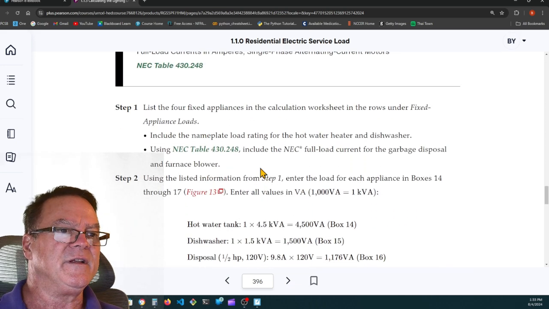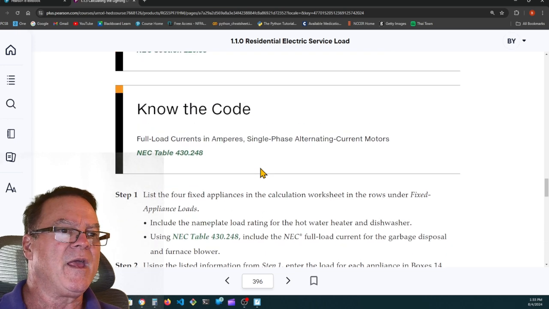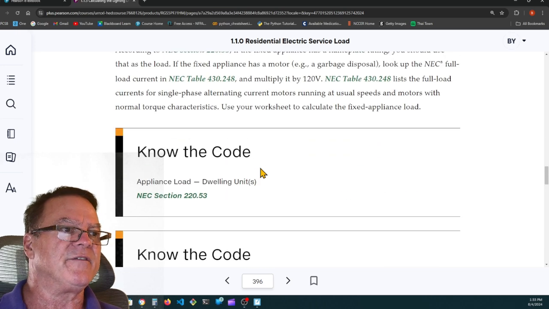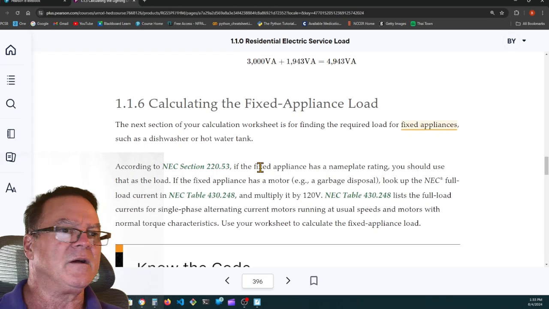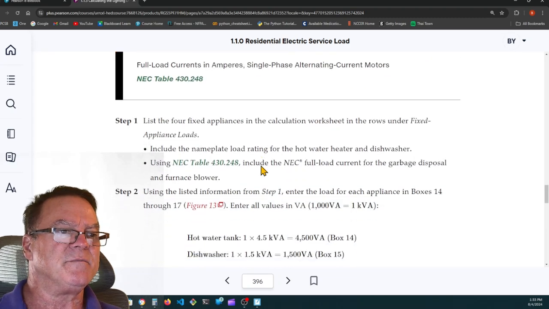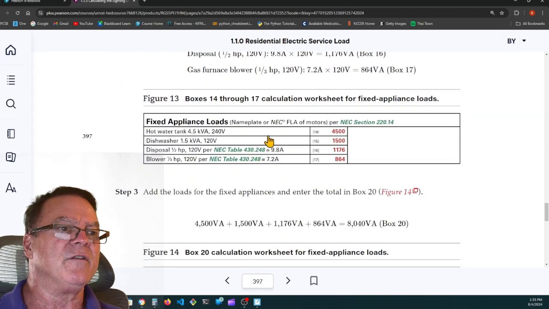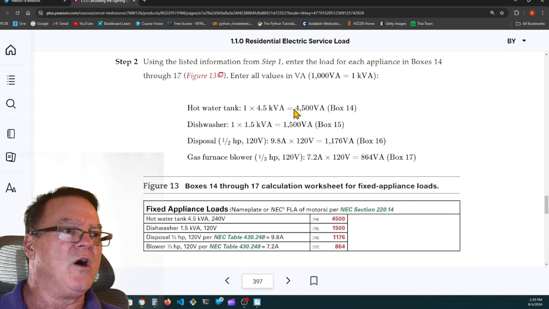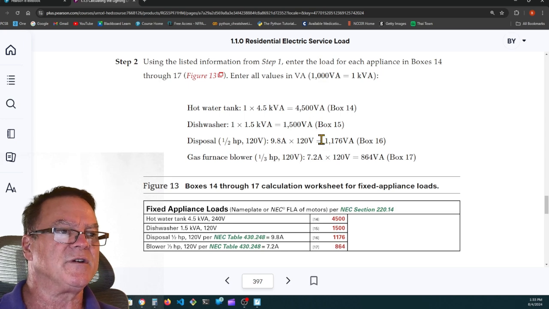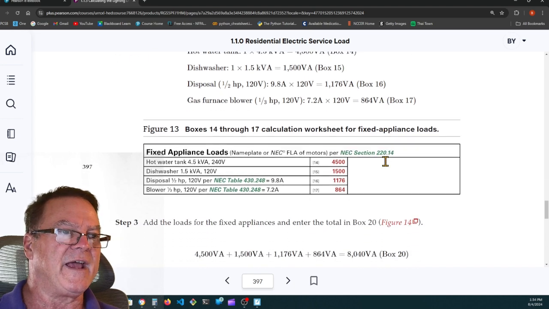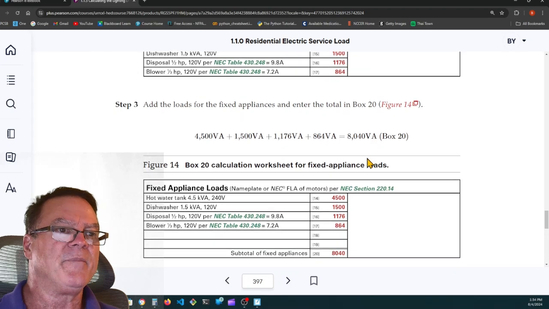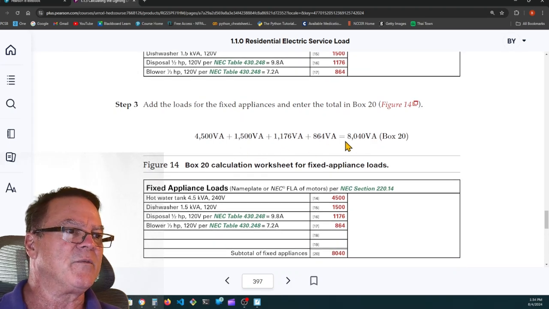Now, did they tell us, where did they tell us that we're allowed to use 75%? I may have missed it, maybe they haven't told us yet, but here are the 4 of them. So 4,500 volt amps for the water heater, 1,500 volt amps for the dishwasher, 1,176 for the disposal, and 864 for the gas furnace blower. So we add all of those together, we get 8,040 volt amps.